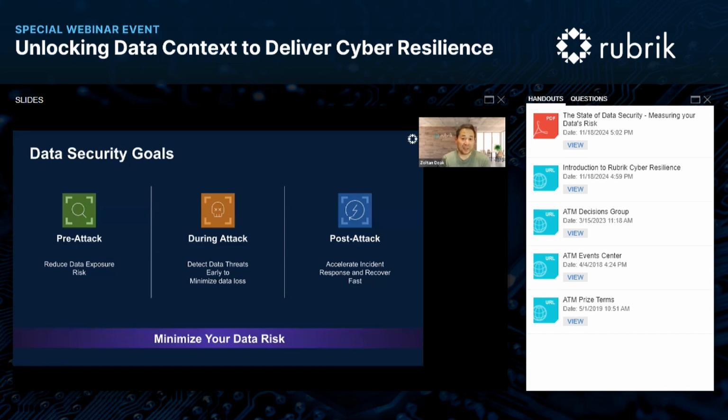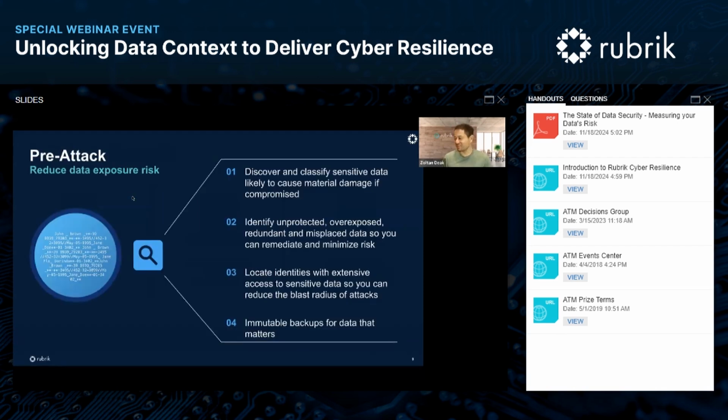And finally, after an attack, of course, you want to be able to recover as quickly and safely as possible. If we can do these three things well, we can lower our overall risk and increase our cyber resilience. So this is going deeper and focusing on the data itself. So let's drill into each one of these things a bit.